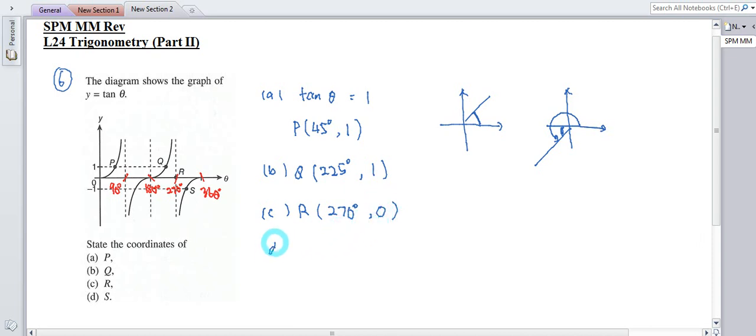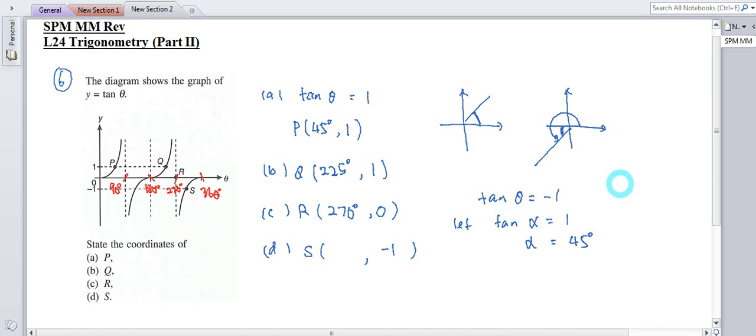Okay, we go to the last one, S. Here you will get negative 1. So tangent theta equal to negative 1. When we want to find the reference angle, still remember, we just ignore the negative. Tangent alpha equal to 1, so alpha, the reference angle, you will get 45 degree.